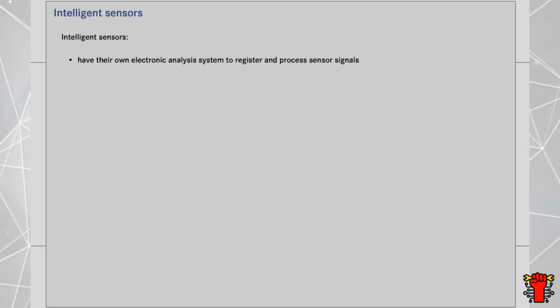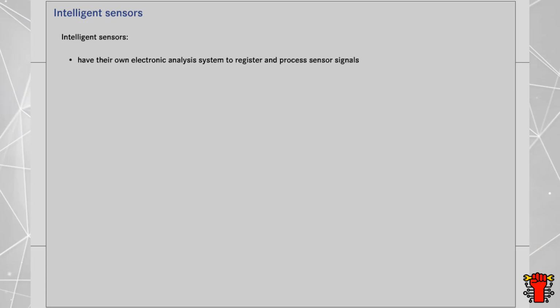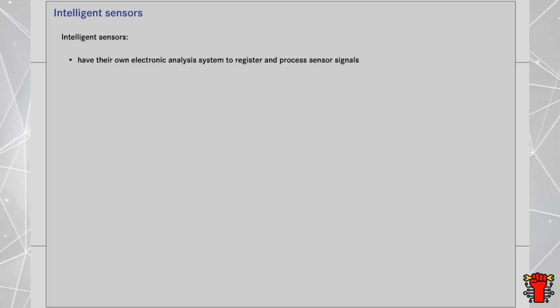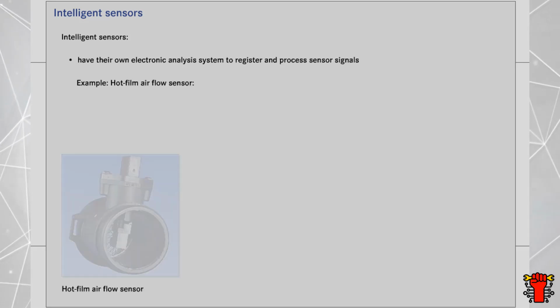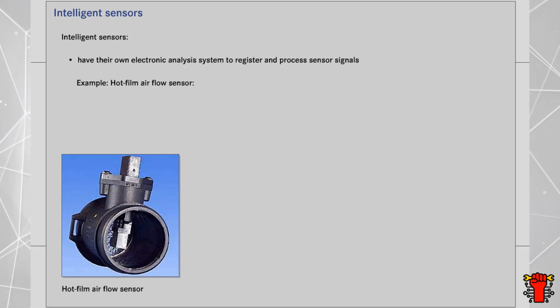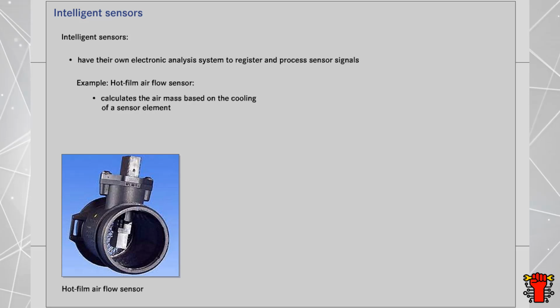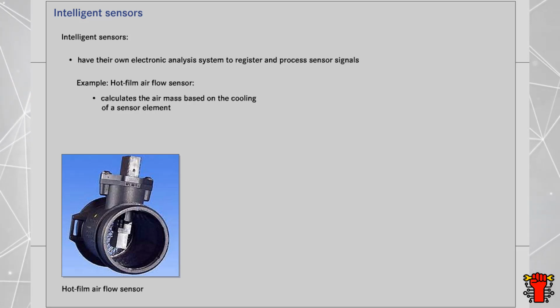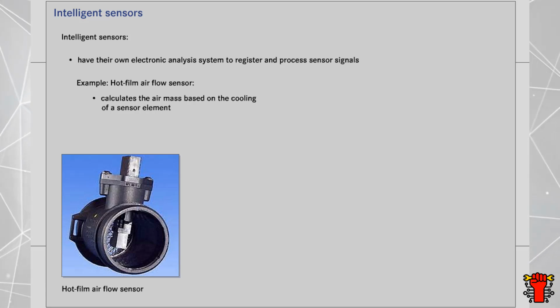Intelligent sensors have their own electronic analysis systems, which register the sensor signal and process it in such a way that the actual variable is shown unadulterated. One such example is the hot film air mass sensor. It calculates the air mass drawn in by the engine. It does this from the cooling of a sensor element which contains a heating resistor.